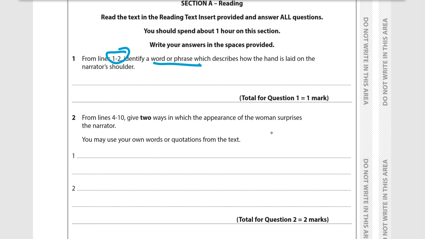So here it's really key that it's lines 1 to 2 and that it's a word or phrase. So make sure you don't write a whole sentence because it's a waste of time, and also you don't need to do any explanations, any PEE paragraphs. You just need to find the word or phrase which describes how the hand is laid on the narrator's shoulder.